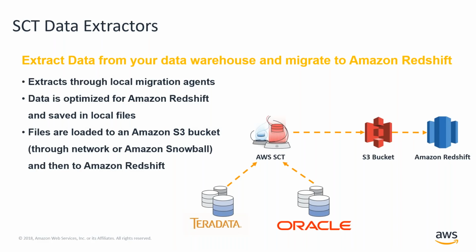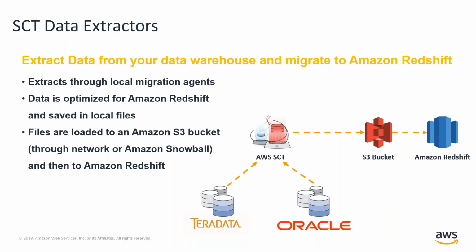But then, beyond that, the other benefit is that if I do have 10 terabytes or hundreds of terabytes of data in a system like Teradata or Oracle, I can not only use the schema conversion tool to create my table schemas in Amazon Redshift, but I can actually extract the data.